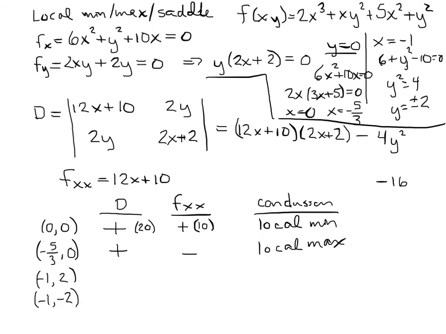So negative 1 gives me negative 2 in that first and that second partial. And then it's going to give me 0 right there. Okay, so we get negative 16. So negative for that determinant. It means that we don't even need to find that second partial with respect to x because it's automatically a saddle point.